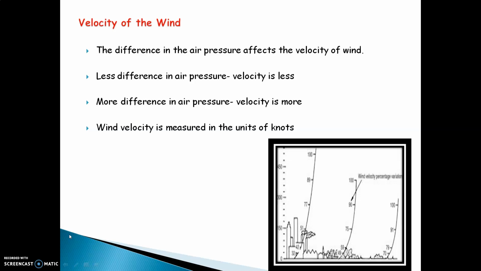He will not feel that air in a more pressurized way, and because of that, the velocity of the wind on the playground is less. So the velocity or the speed of the wind depends upon the pressure in the air. More pressure, more speed, less pressure, less speed.